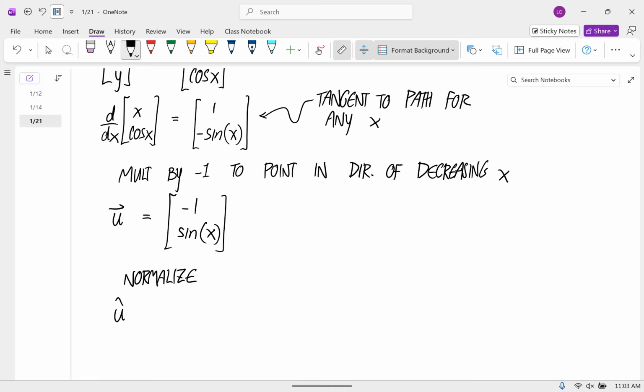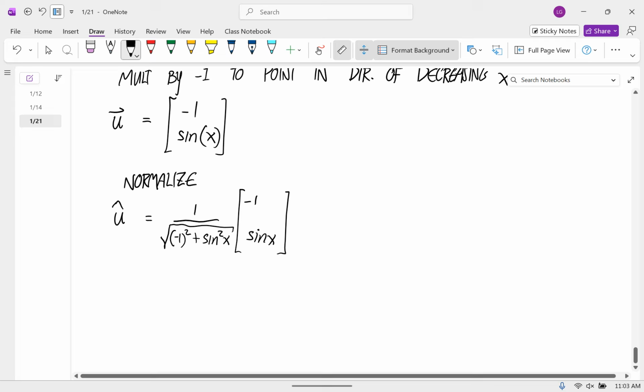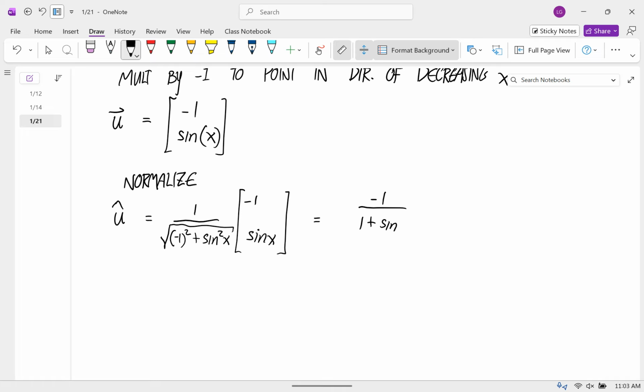And so our unit vector is 1 over the square root of -1 squared plus sine squared of X, times -1, sine X. And so this comes out to be -1 over the square root of 1 plus sine squared X, and then sine of X over the square root of 1 plus sine squared X. So now that is our unit vector in the correct direction.